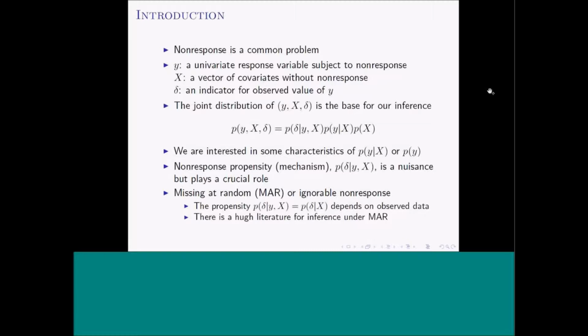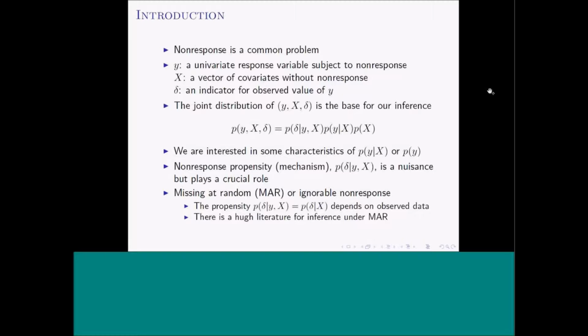So first, before we talk about non-ignorable non-response, what is ignorable non-response? Ignorable is simply missing at random in this case. The assumption is that the propensity doesn't depend on y, only on x. And because y is univariate, in this case it's pretty simple. So this assumption that given x, the propensity only depends on x is the assumption of ignorable non-response.